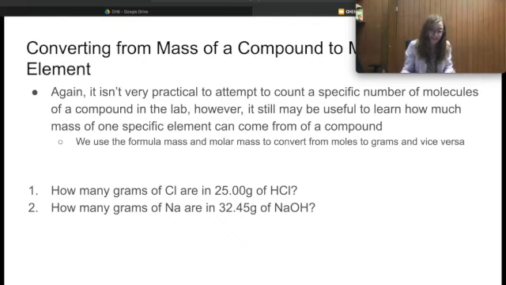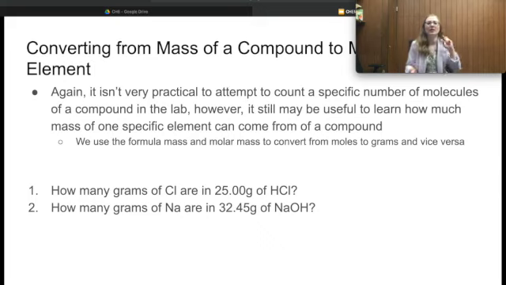However, it can be useful for us to figure this out. So let's think about dissolving salt in water, for example, our classic table salt, NaCl. So maybe in my reaction, for some reason, I'm really concerned about the number of sodium atoms I have. Well, I may want to know how many grams of that I get back out in the end.